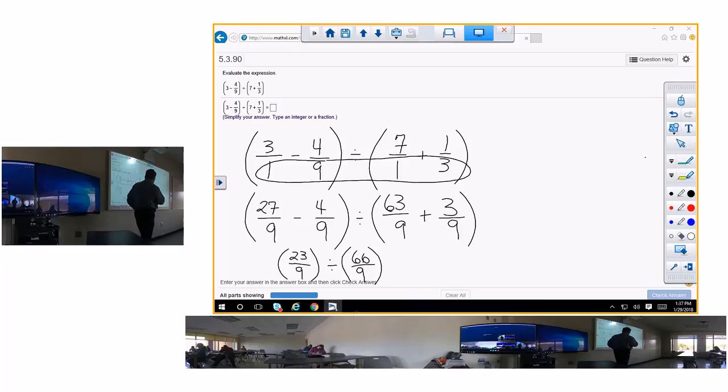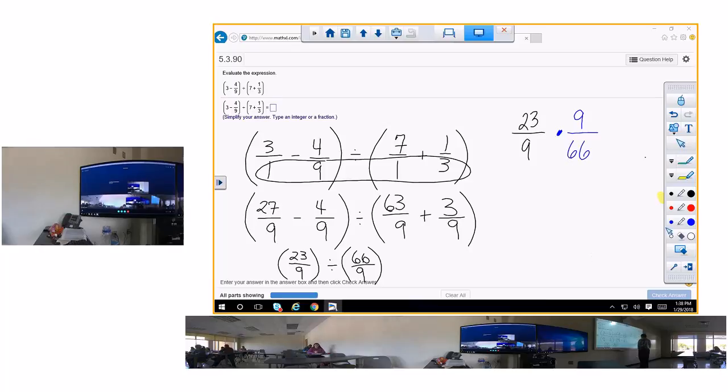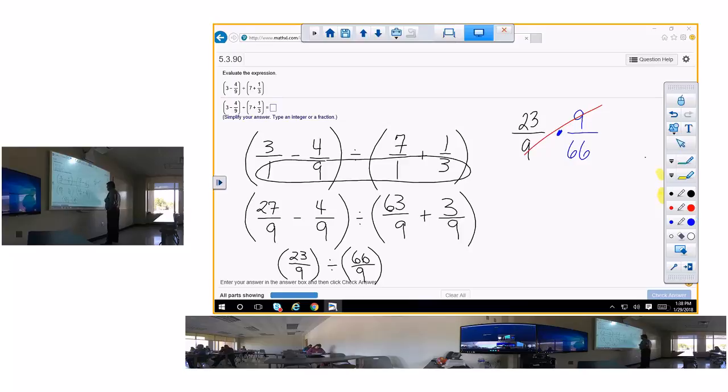Now when I take it over here, I'm going to flip it and multiply it. So 23 over 9 multiplied by, I'm going to put that in blue, and I'm going to flip this, 9 over 66. And of course, those go out, and you're left with 23 over what?